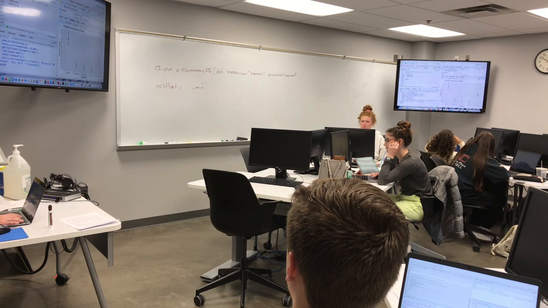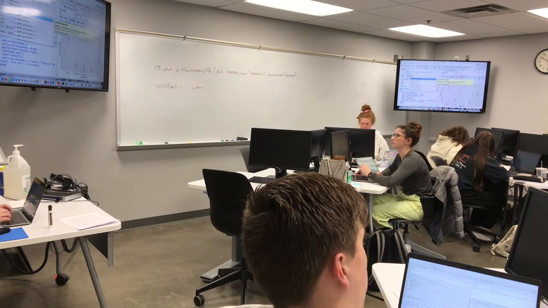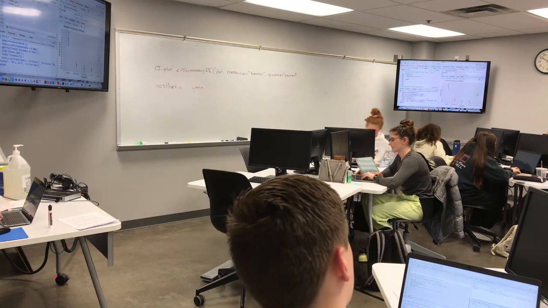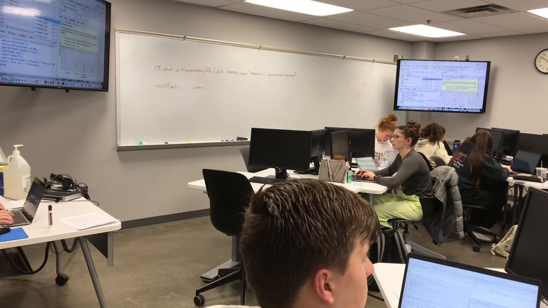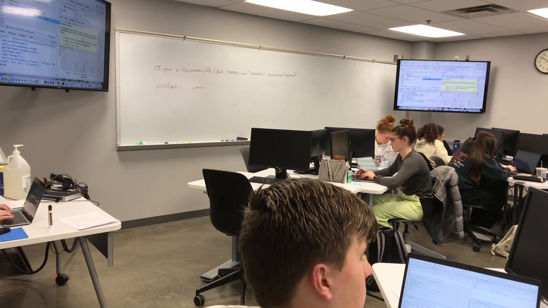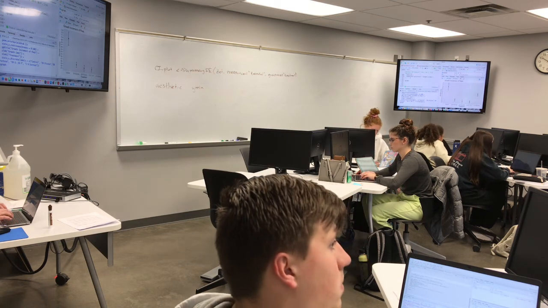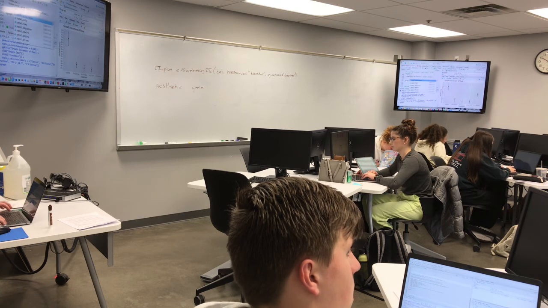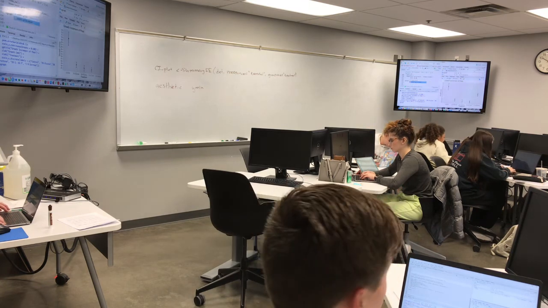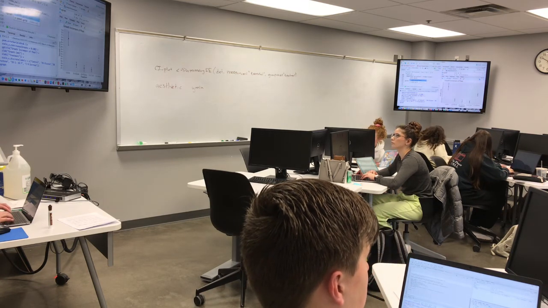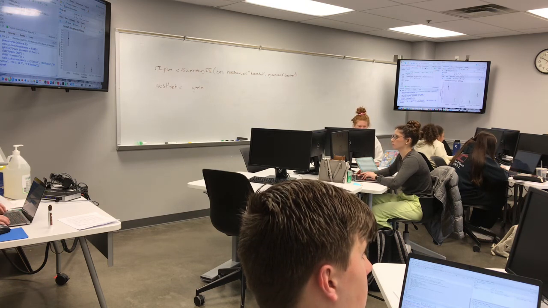So let's now do theme panel.grid.major equals element_blank, comma, panel.grid, in this case let's do minor equals, and do the same thing.